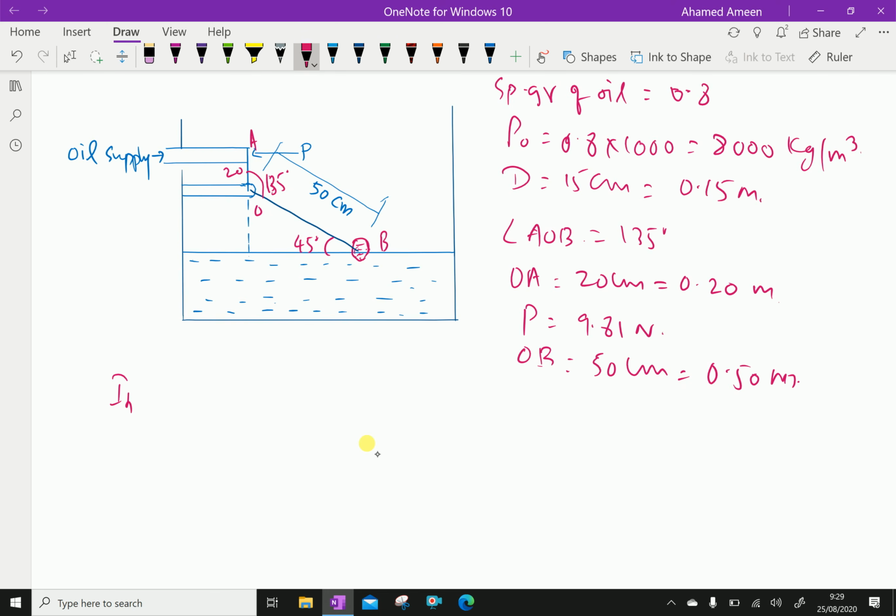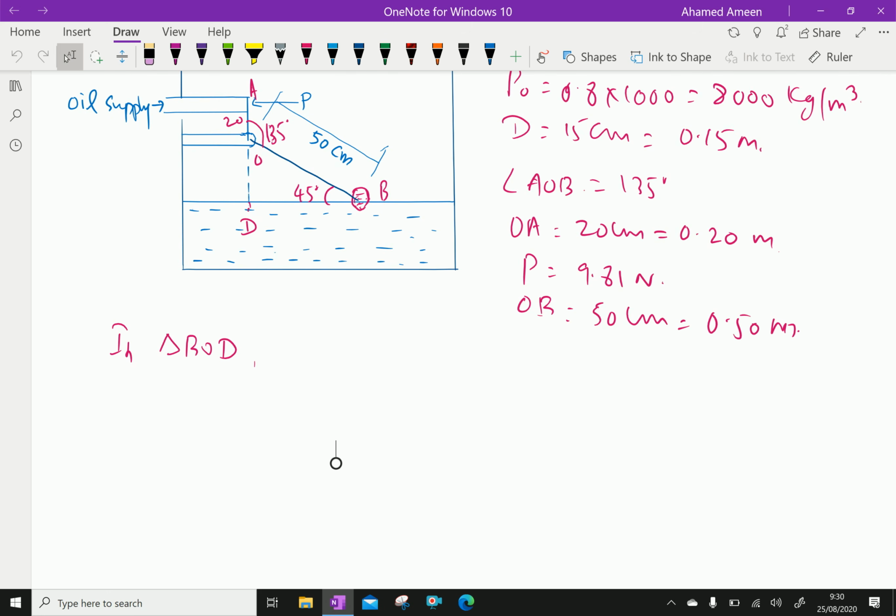In triangle, by geometry, in triangle BOD, the triangle D is here, suppose. In triangle BOD we can see sine 45 equals OD over OB.